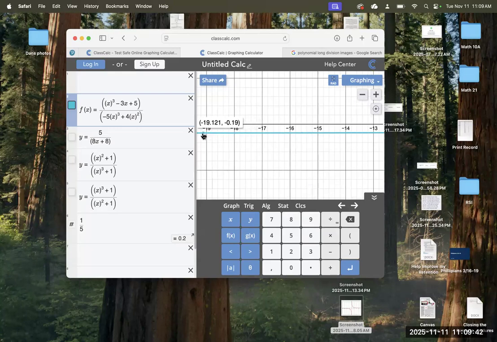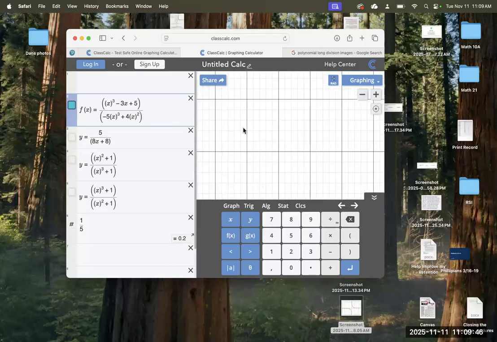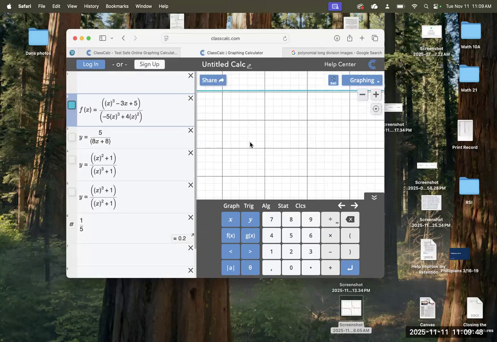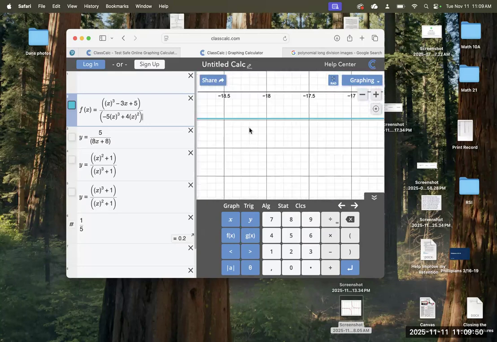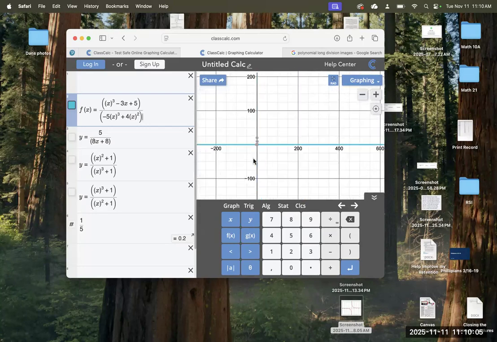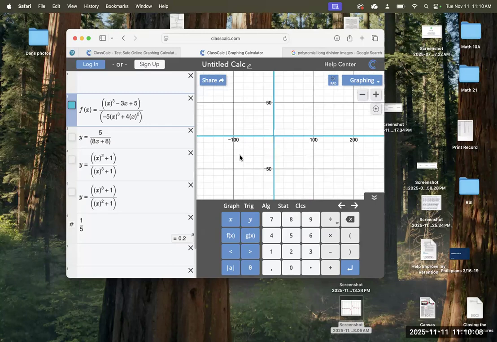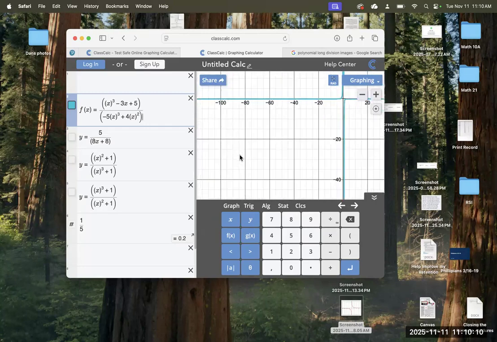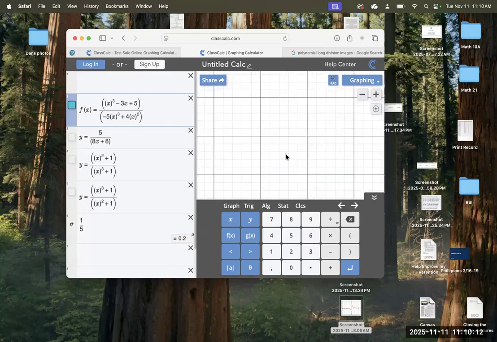I zoomed way out by accident. As we go further out, it's going to get closer and closer to -0.2. So this graph is actually approaching -1/5, like we thought it was.